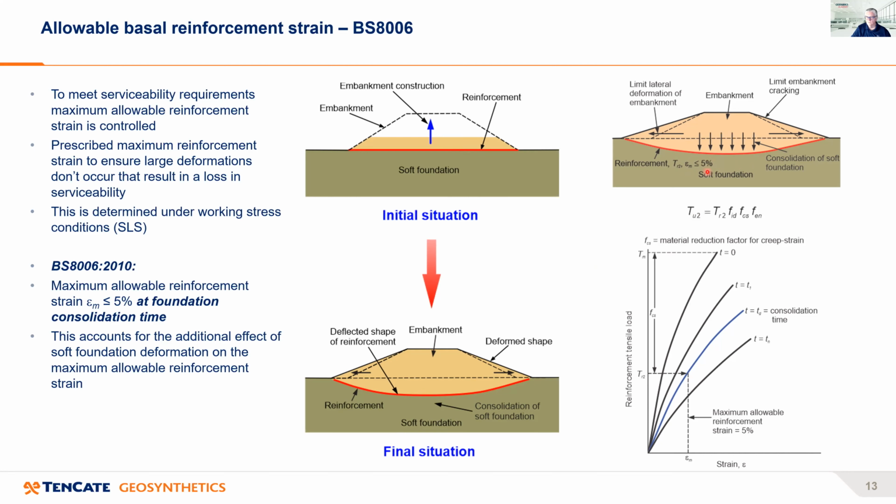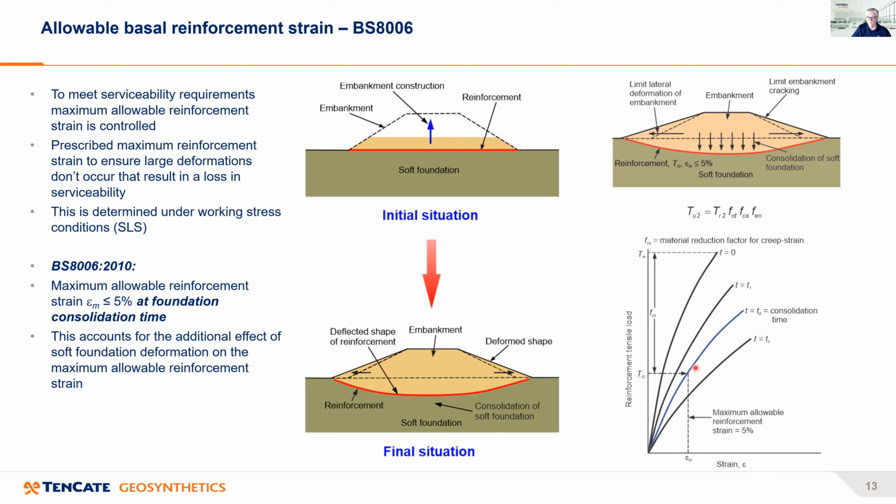You need to go to the isochronous creep curves for the reinforcement material. It's not a matter of just applying 5% strain to the initial load strain curve of the reinforcement, because what you're interested in is applying this 5% strain at the consolidation time.